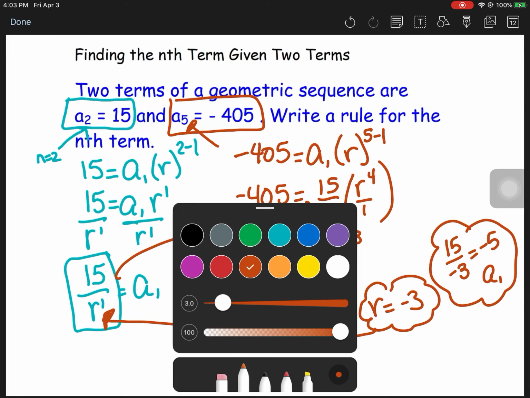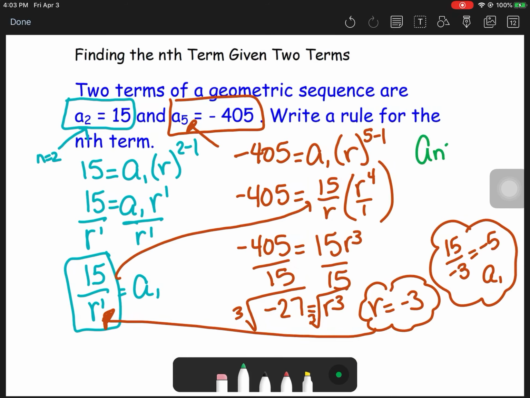And now we can write our formula, our rule. So a sub n equals our first term, which is negative 5, times our rate, which is negative 3, to the n minus 1 power. This is our introduction to geometric sequences.